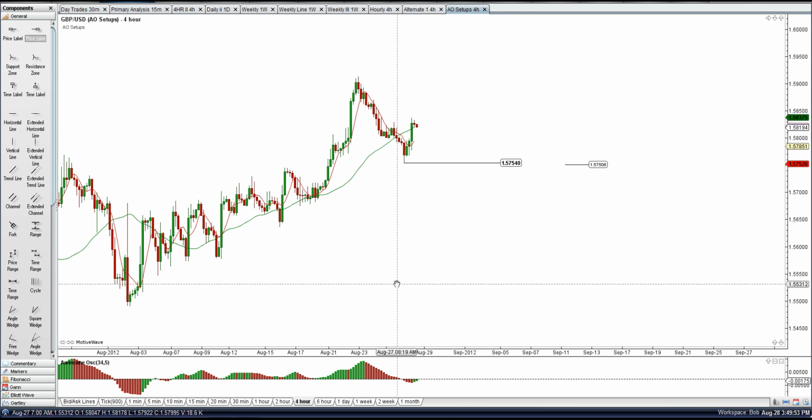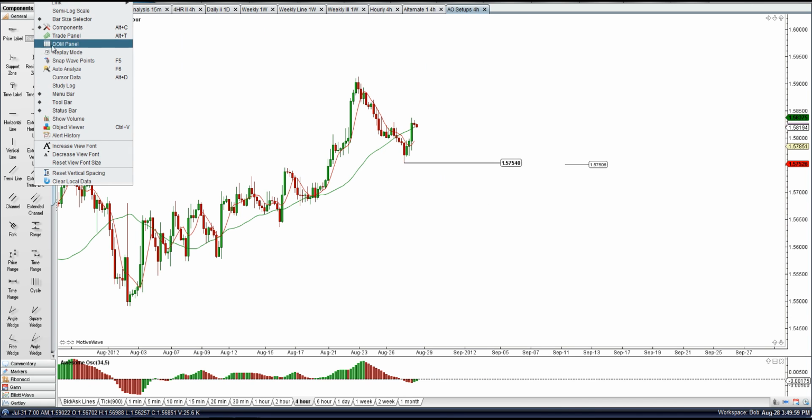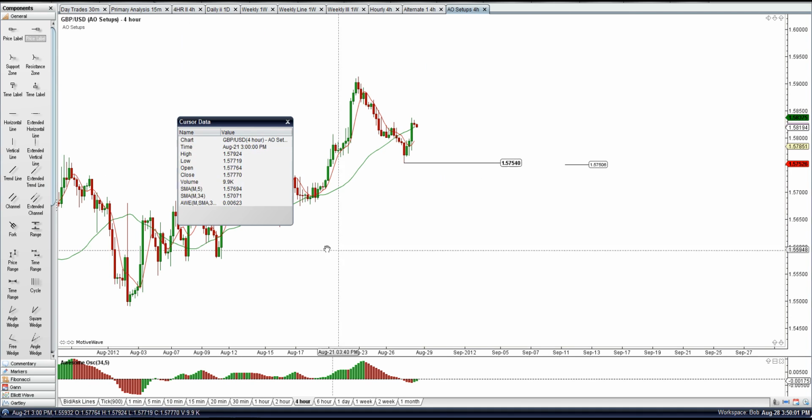The pound, we had a zero line cross here. As you can see here by this AWE here, we were negative 0.00136.